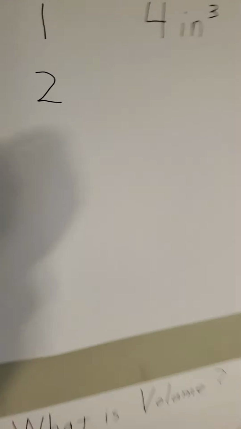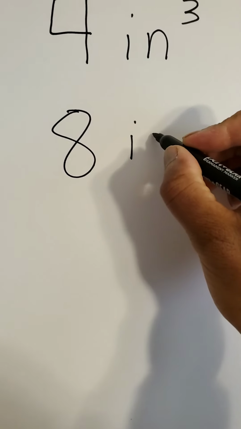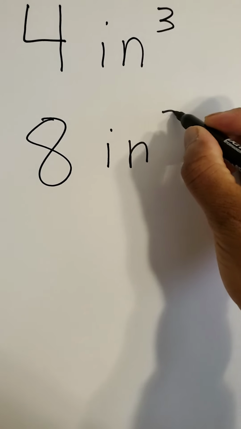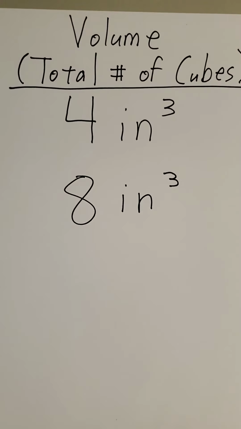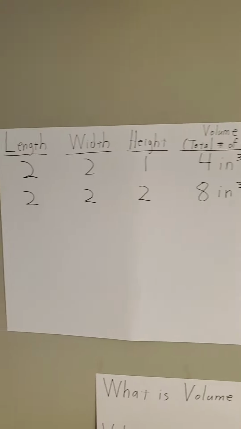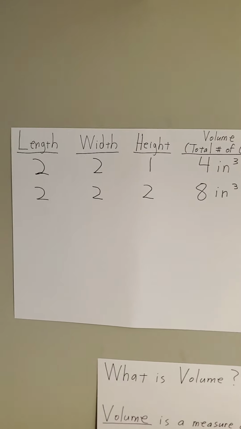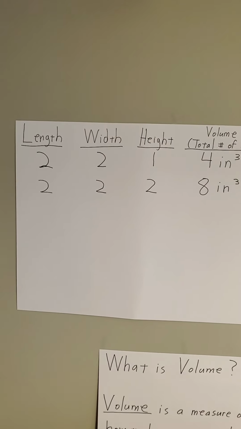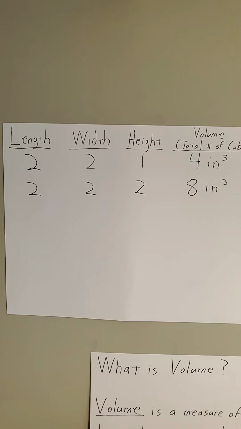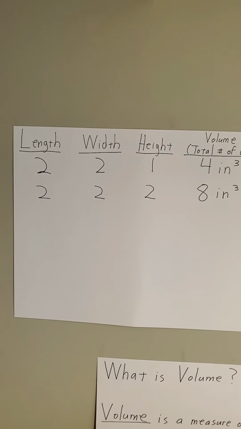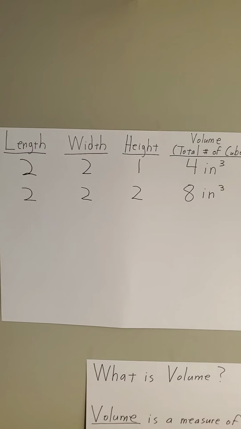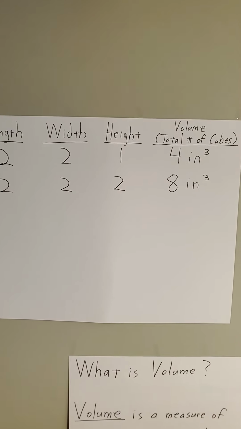So that means the volume of our house is 8 cubic inches. And once again, we write that 3 to let us know that this is in cubic inches. So if our house is 2 inches long, 2 inches wide, and 1 inch high, it is 4 cubic inches. If it's 2 inches long, 2 inches wide, 2 inches high, then it is 8 cubic inches.